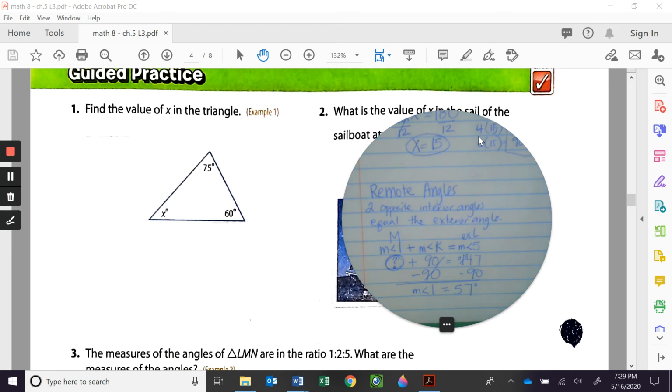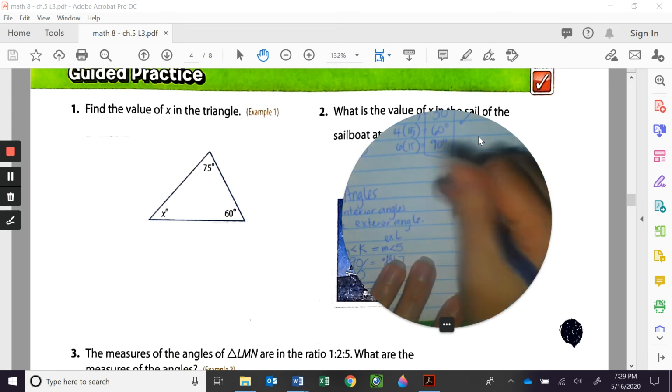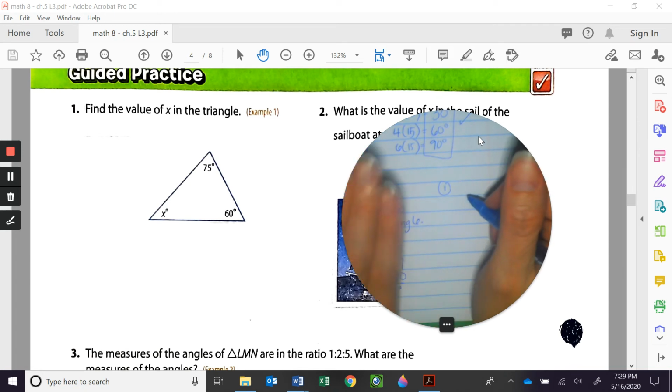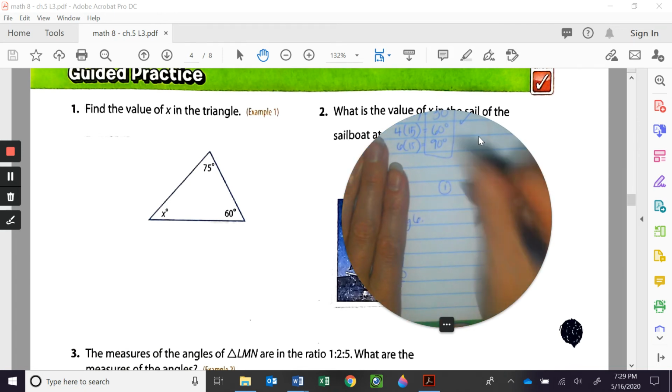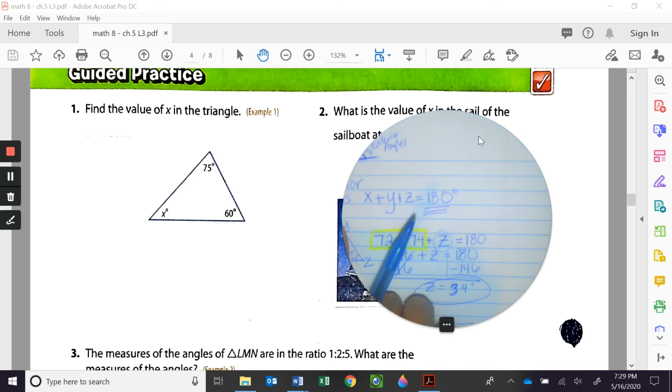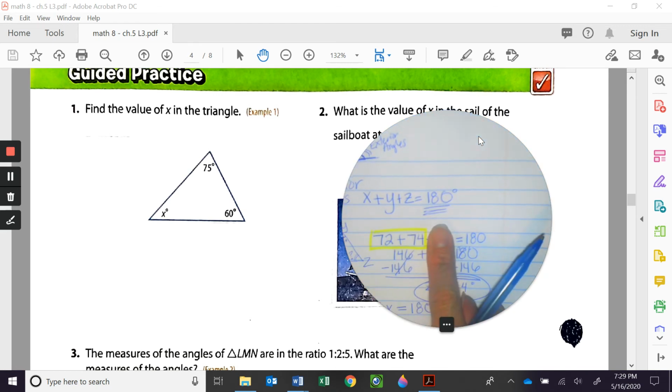All right, so let's look at number 1. It wants you to find the interior angle. So we're not talking about remote angles for a second. So x plus 60 plus 75 has to equal 180, because we said that the interior angles have to equal 180. Okay?